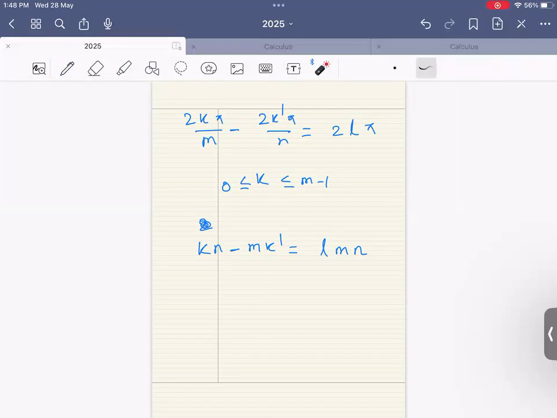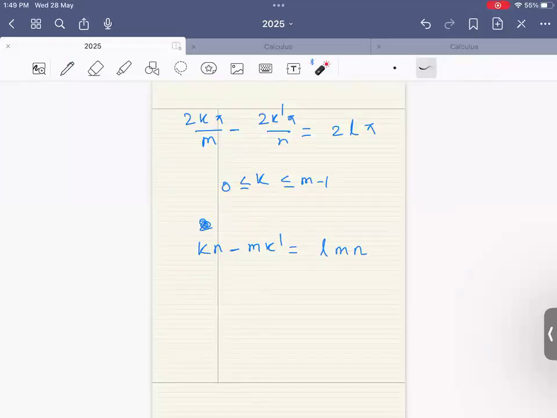Now, have a look at this. This is divisible by m, this is divisible by m, so this must be divisible by m, okay? And there is a problem, that this can't be divisible by n, right? You have to extend this further and you'll get why it's not divisible by n.